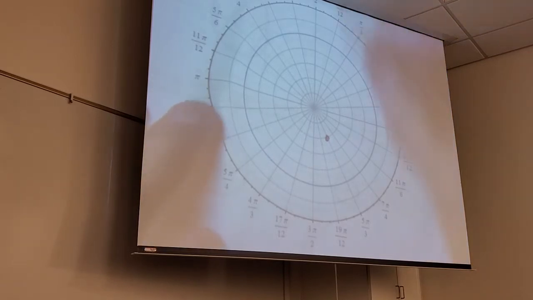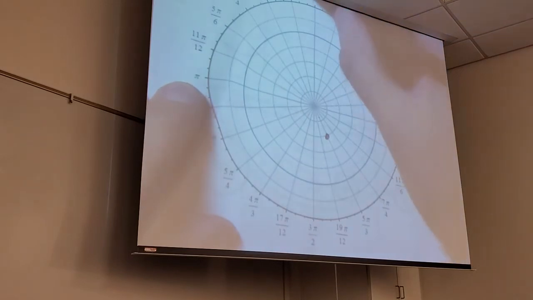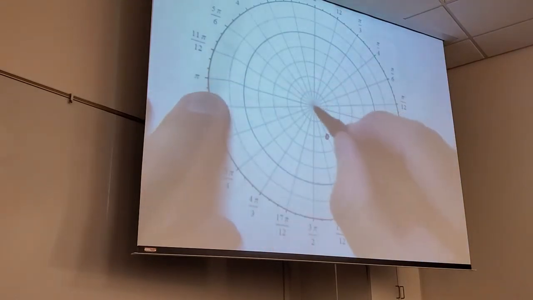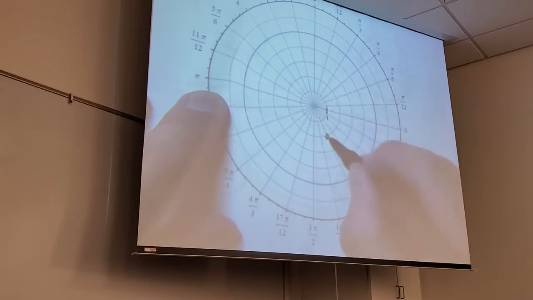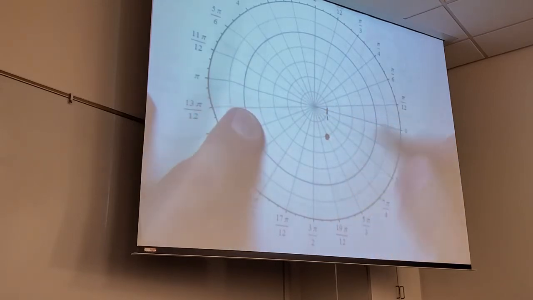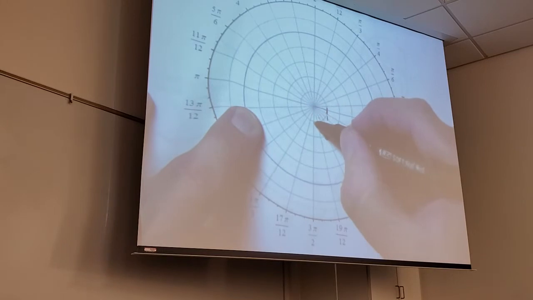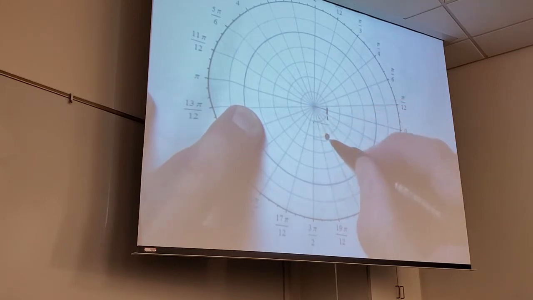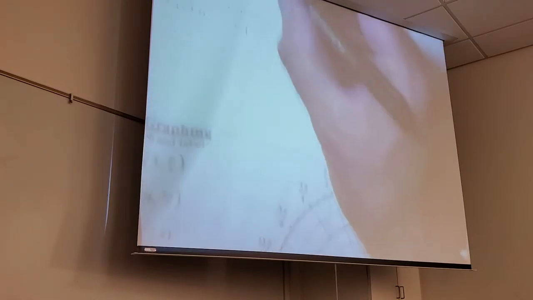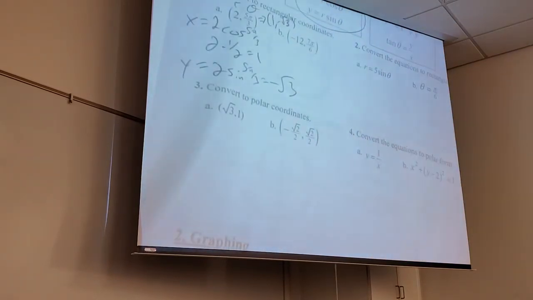Now, can you guys see the x-y axis here? Do you see how that's 1? The x piece is 1, and the y piece is between 1 and 2, roughly square root of 3 like we said it was supposed to be.